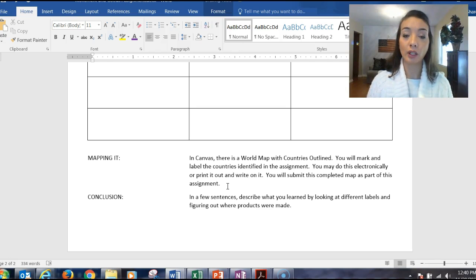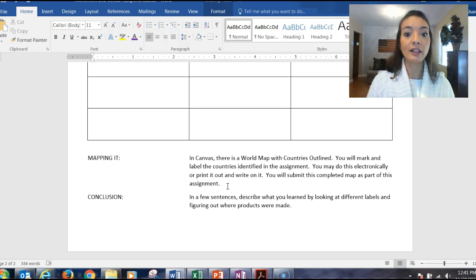And you are going to mark that on the map. And you are also going to label it. So put an X or a dot, any symbol that shows me that you know where that country is, and also write the name of that country. Okay, so you're going to be submitting this assignment with the tables and the entry task on it, and also the world map with those countries labeled and marked.